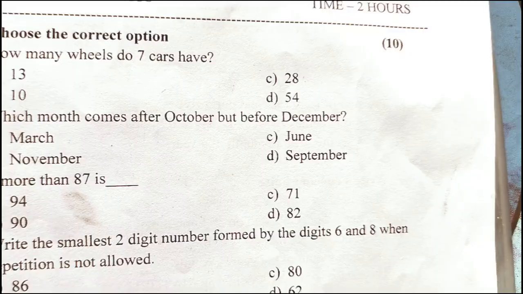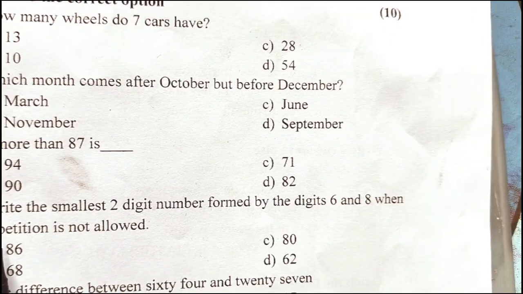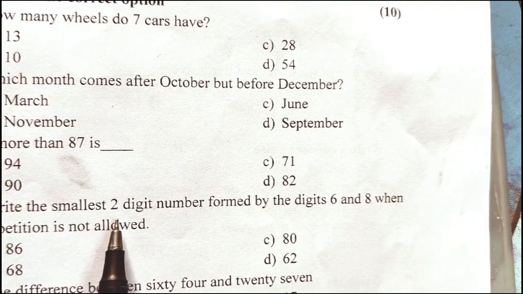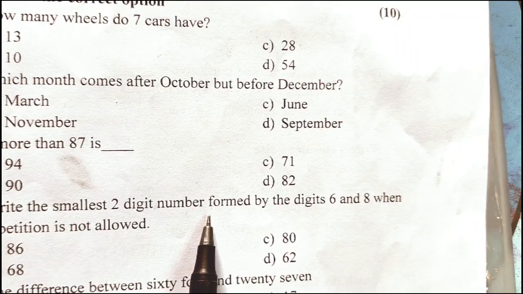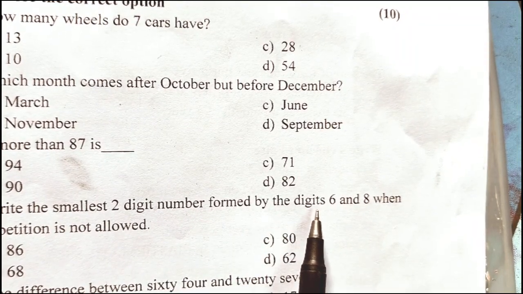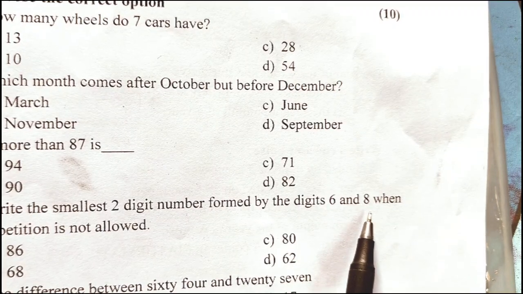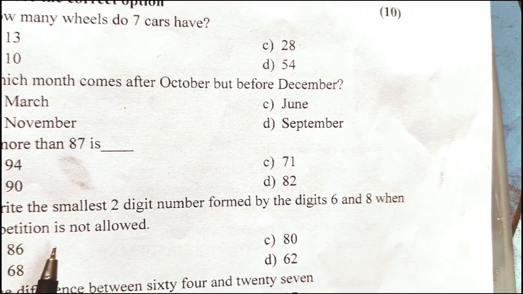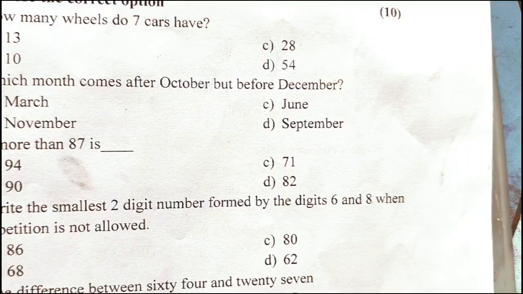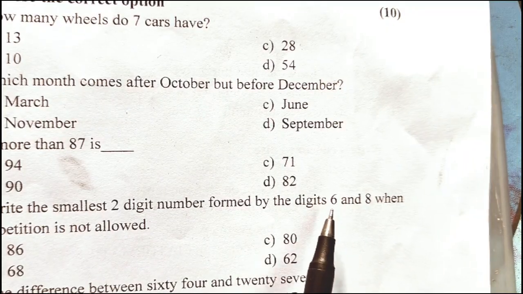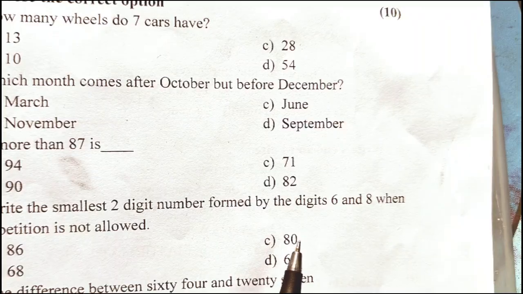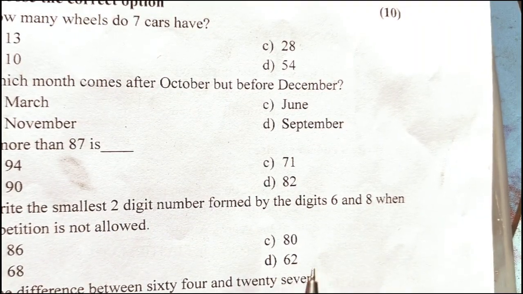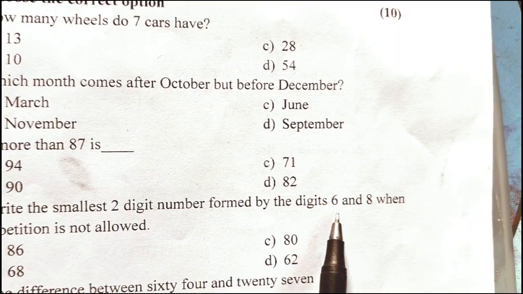Now question number 4. Write the smallest 2-digit number formed by the digits 6 and 8, when repetition is not allowed. That means here you have 2 digits, 6 and 8. You have to make a 2-digit number. Okay, that is smallest, and we cannot repeat any number.